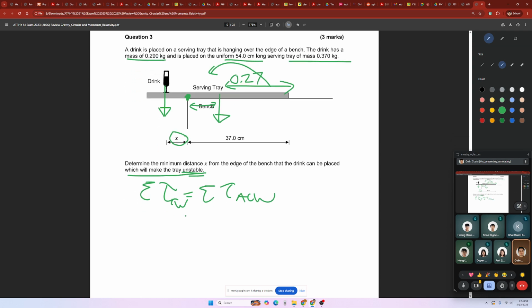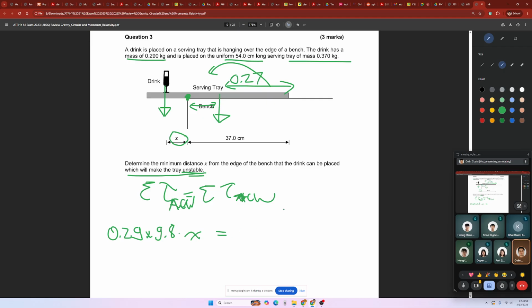Anti-clockwise, okay, so we have the drink weight, which is 0.29 times 9.8. That's anti-clockwise. I should put it the other way. And that's going to be our distance x. Okay? There.